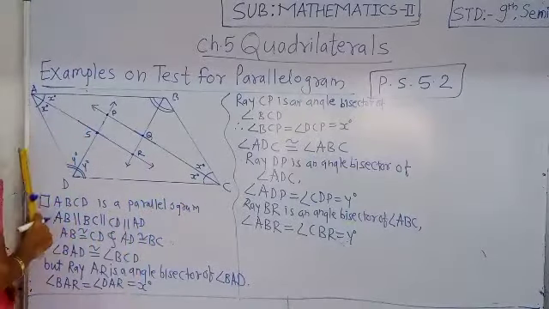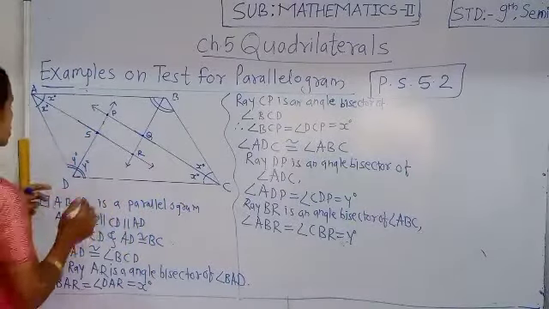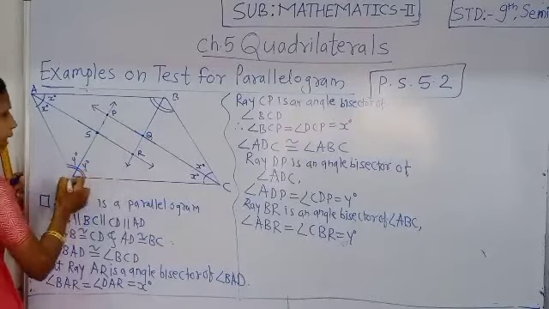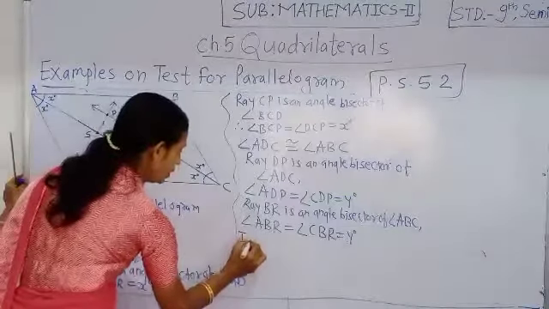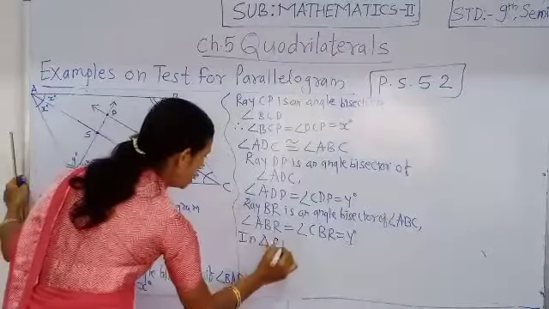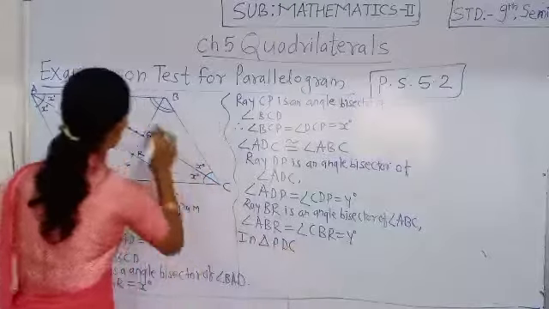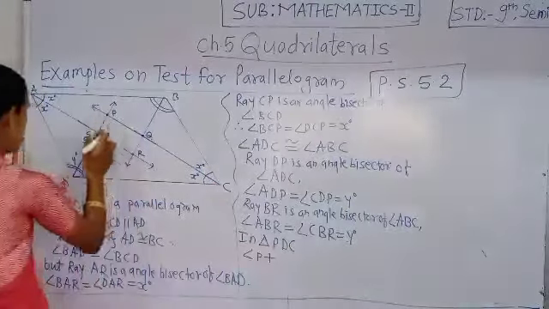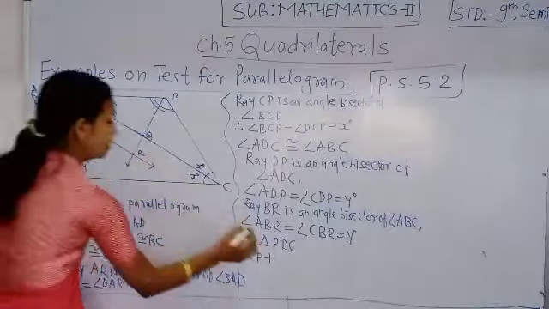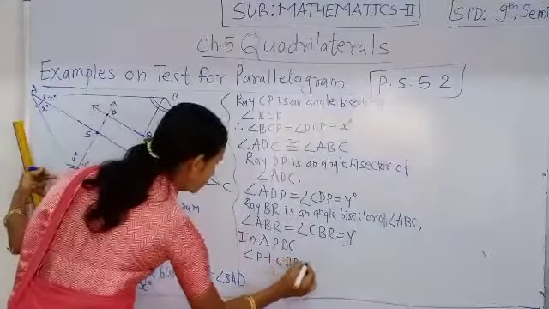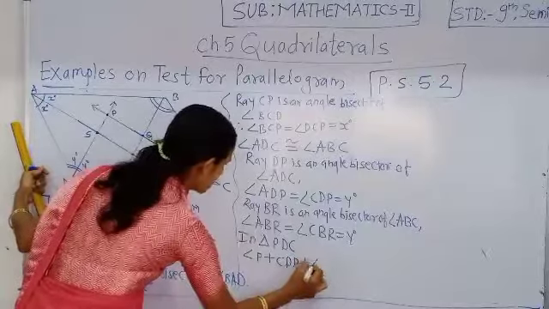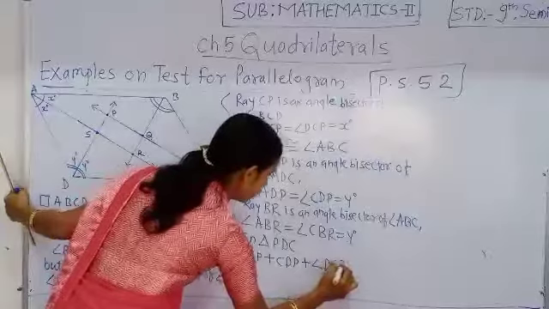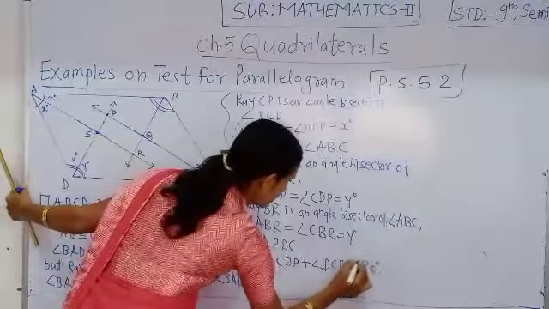Then see here we have to now focus on triangle PDC. In triangle PDC, see here angle P plus angle CDP plus angle DCP is equal to 180 degree.